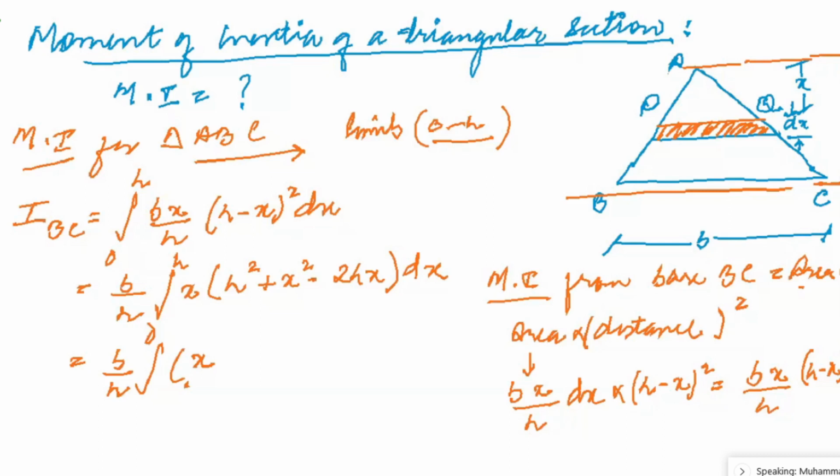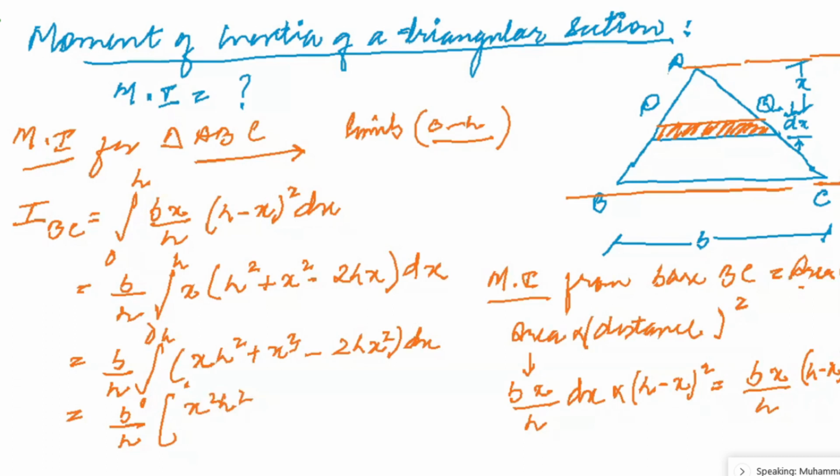The x square h will be x square h square by 2 plus x cube will be x raised to 4 divided by 4. Then it will be minus twice h x cube by 3 within the limits 0 to h.